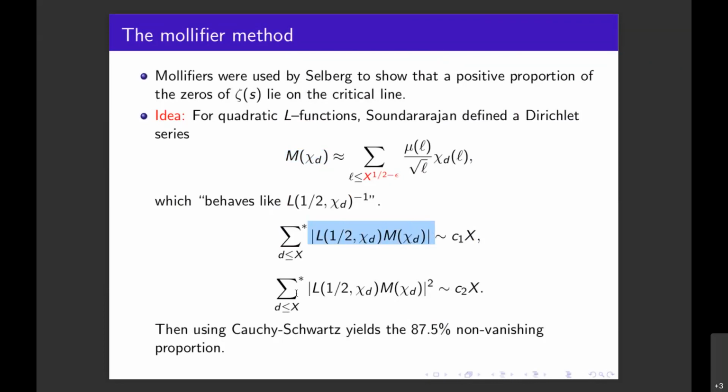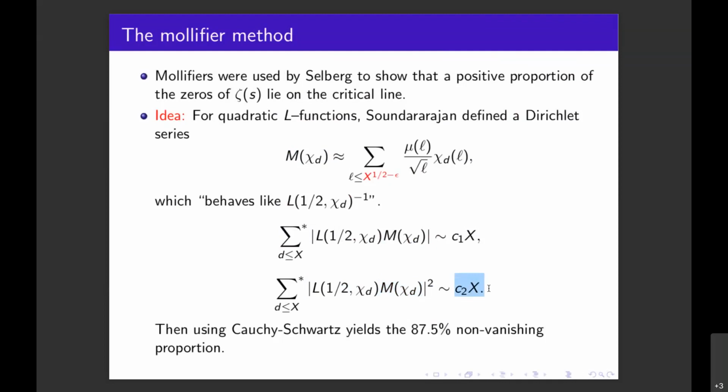And more importantly, you want the second mollified moment to also be asymptotic to x. Let me remind you that the unmollified moment would give x times (log x) cubed. Since the mollifier behaves like 1 over your L-function, the second mollified moment also doesn't grow. It's just asymptotic to C_2 times x.